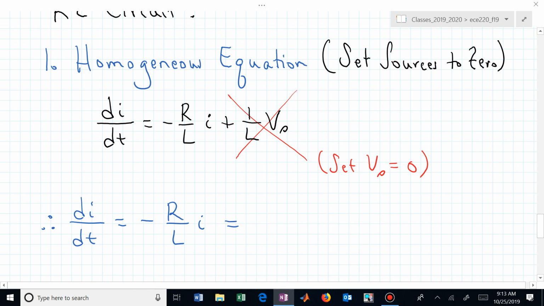Here we have di/dt is equal to minus R over L times I, or we could lump those two parameters into a new parameter called our time constant, tau, and now we have di/dt is equal to minus 1 over tau times I, where this tau is our time constant, which in the RL circuit is L over R.